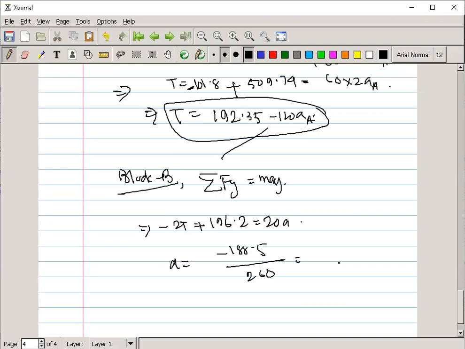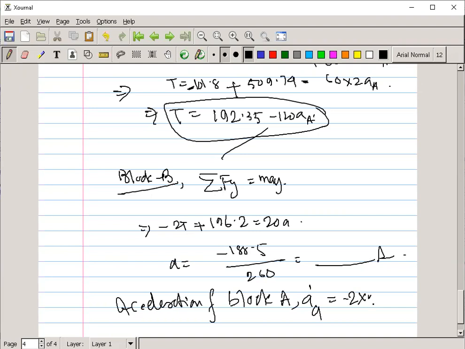So we can say acceleration of block A is nothing but 2 into acceleration of block B.